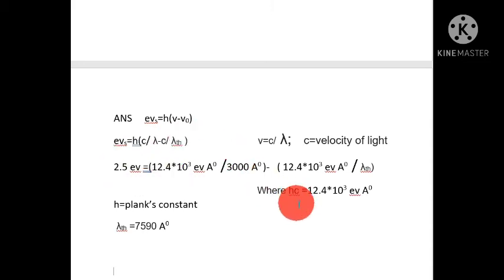Later we have to remember this value, hc equal to 12.4 into 10 to the power 3 electron volt angstrom, and putting all these values, we got the threshold wavelength, which is 7590 angstrom.